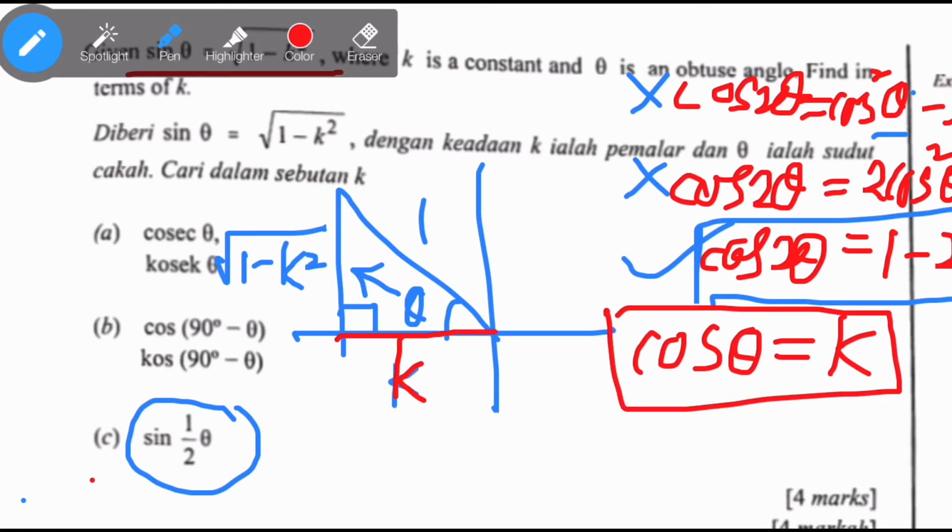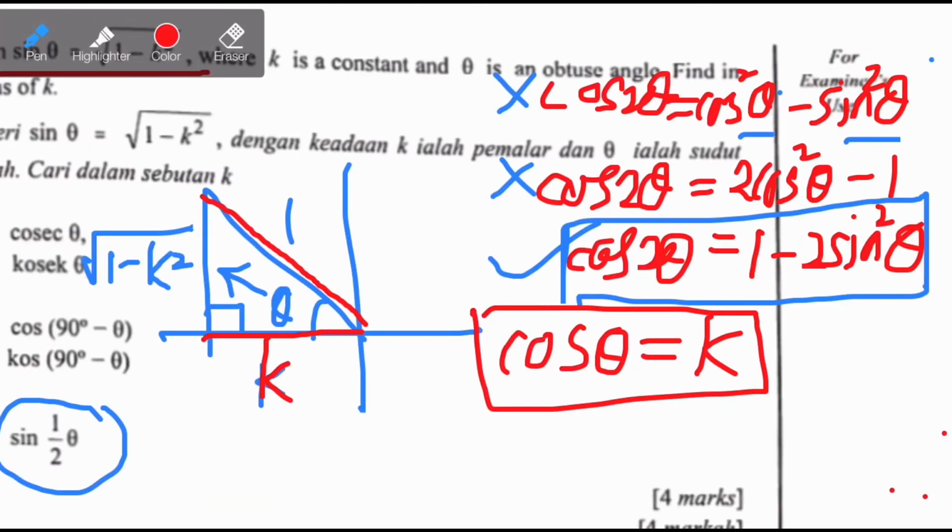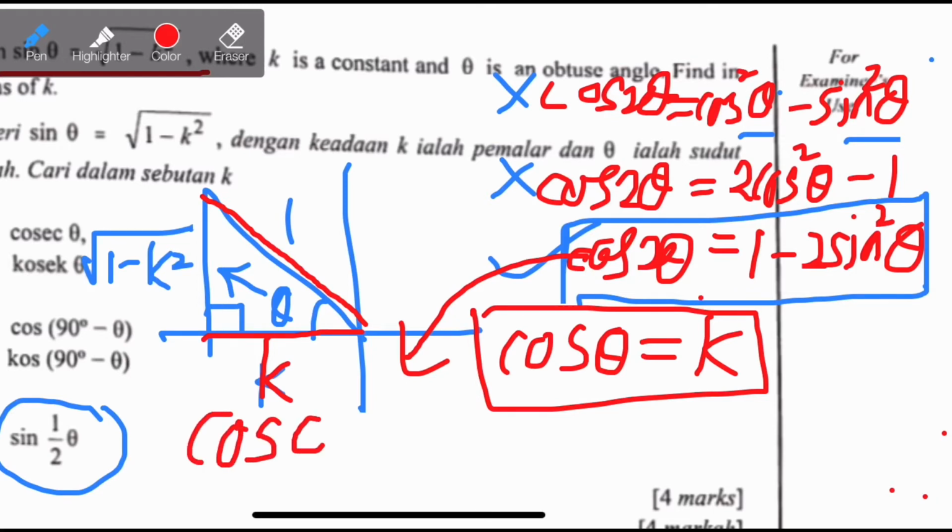Okay, we can solve for the sine square half theta. We will try to simplify, and because the question doesn't want the square, you have to square root the sine square half theta. Just square root your answer.